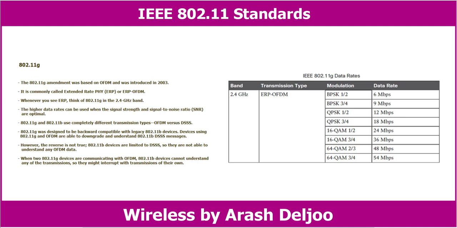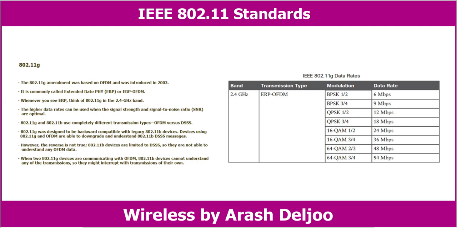The higher data rate can be used when the signal strength and signal to noise ratio, SNR, are optimal. Clearly, 802.11g offers far superior throughput than 802.11b. It might seem logical to simply use 802.11g and its higher data rate everywhere. Sometimes that is not possible because 802.11b only devices are still being used on a wireless LAN.